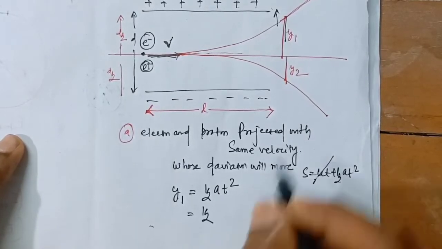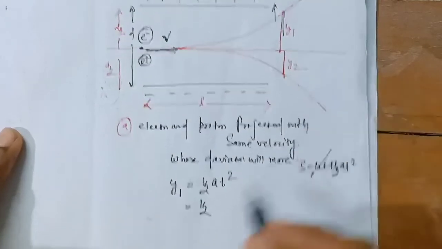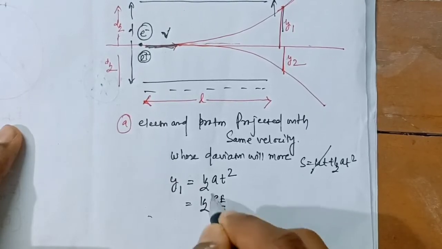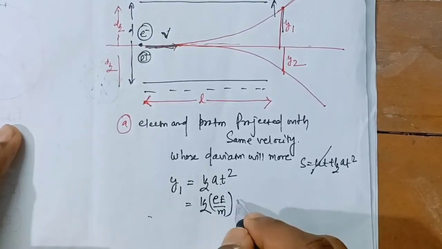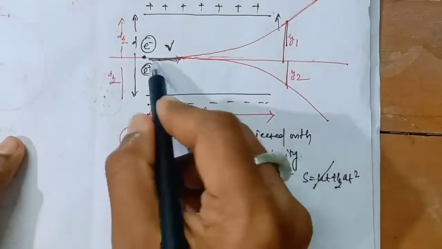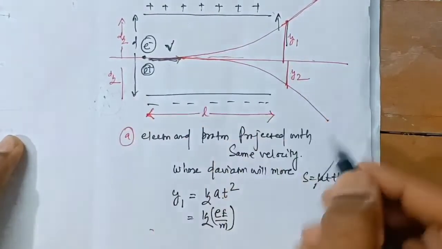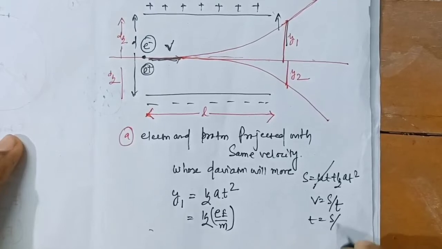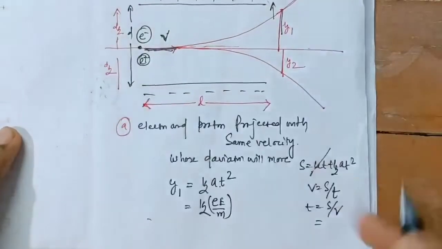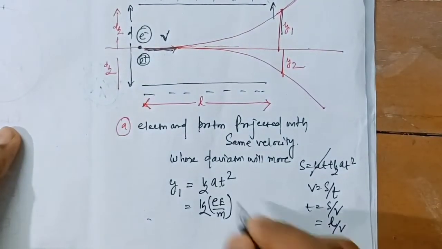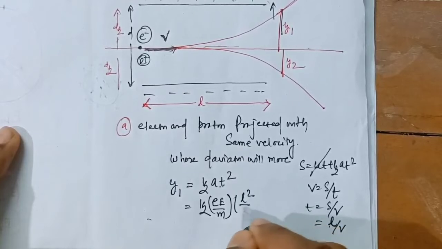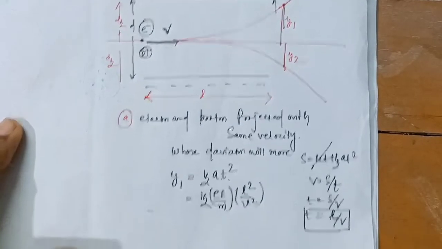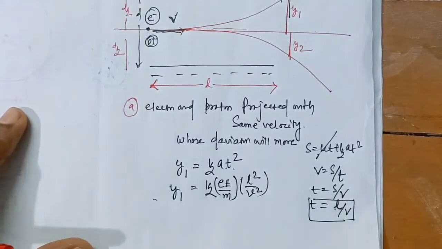Everything is in gravity-free space, so a can be written as eE by m, and t square can be found from the horizontal motion: v equals s by t, so t equals s by v. What is s? It is length L, so t equals L by v, and I substitute L square upon v square for t square. This is my y1.